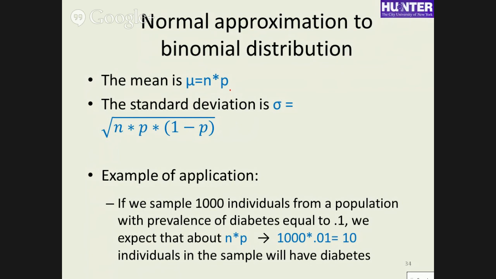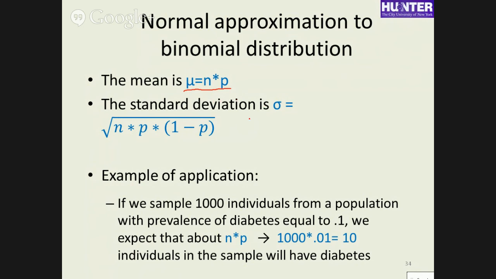What's the mean number of diabetics? 10. So that's all this says. The mean is the number in your trial times the probability of each individual being a success or being counted as the thing that we're asking questions about.